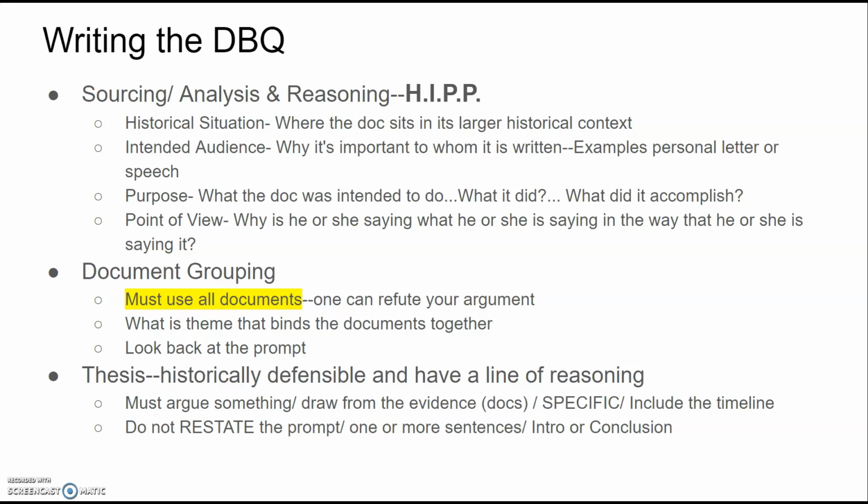Why is he or she saying what he or she is saying in the way that he or she is saying it? Recognize tone. Are they angry? Why would they be angry? Why are they addressing this particular situation? What makes this person that is saying what they're saying important, and why are they saying it? All right. So that's our sourcing and analysis and reasoning for HIP.